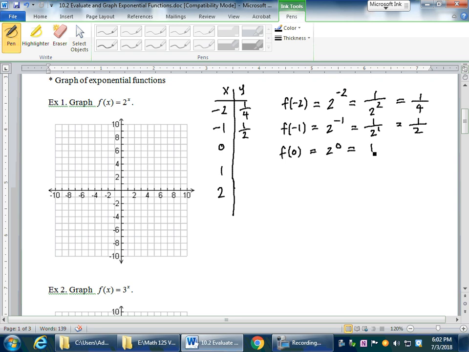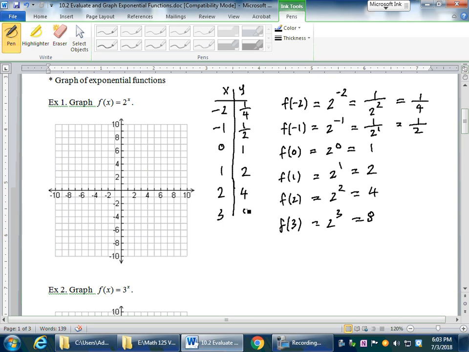Any number to the 0 power is always equal to 1. f of 1 is 2 to the 1 power, which is just 2. f of 2 is 2 to the 2nd power, which is 4. And f of 3 is 2 to the 3rd power, which is 8.